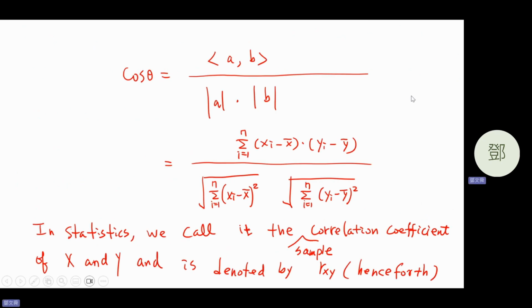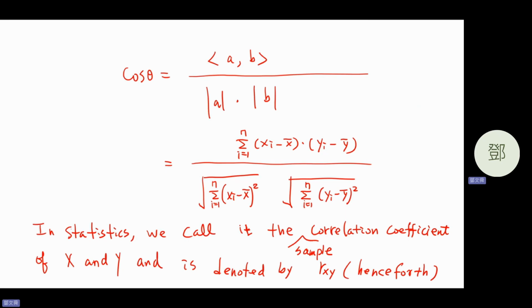So, cosine theta, when A is Xi minus X bar and B is Yi minus Y bar, and both are n-dimensional, is calculated by the inner product of Xi minus X bar and Yi minus Y bar, divided by the lengths of A and B. So what is the length?